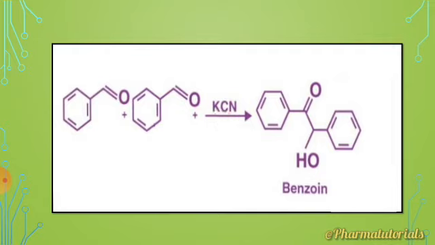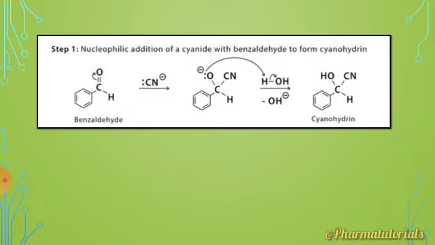The cyanide ion forms a stable cyanohydrin, which then reacts with a second molecule of benzaldehyde, and the final product is benzoin. Let us see the mechanism. In the first step, there is a nucleophilic addition of cyanide to benzaldehyde to form a cyanohydrin.